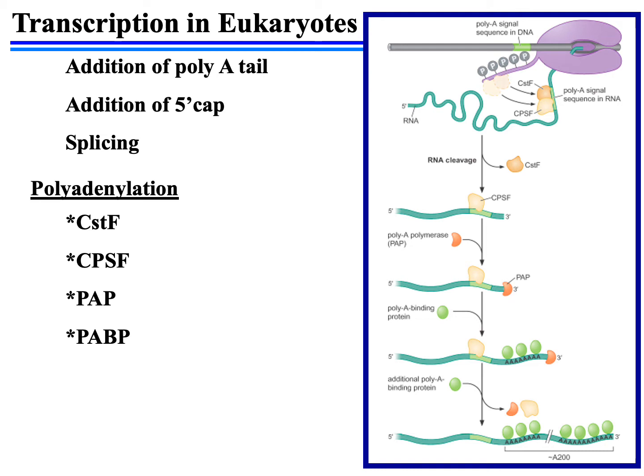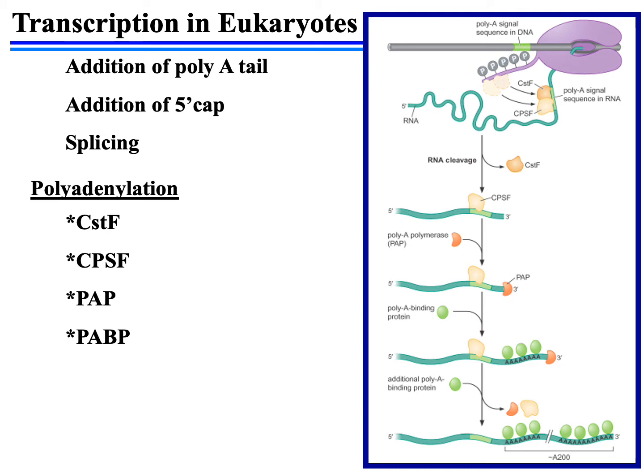So polyadenylation, or the addition of the poly A tail, is a process of adding poly A nucleotides to the RNA at the 3' end. This is typically about 250 nucleotides in length and functions to add stability to the messenger RNA, as RNA molecules tend to be much more unstable compared to DNA.